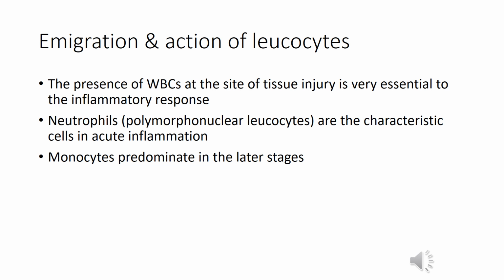Now, as time goes by, maybe the cause of inflammation is infectious, and maybe the infection is due to bacteria or virus or fungus or something else. After the first 24 hours, a specific type of white blood cell will be predominantly attracted to the site of injury, depending on the cause.